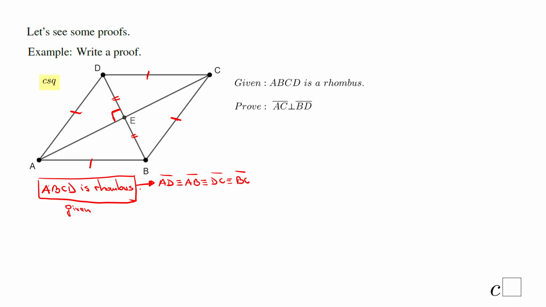Also we can say the diagonals bisect each other. Here I'm just going to use only the fact that DE is congruent to EB. And you know what? We can write the other one also, AE congruent to EC. And I should have some space there.